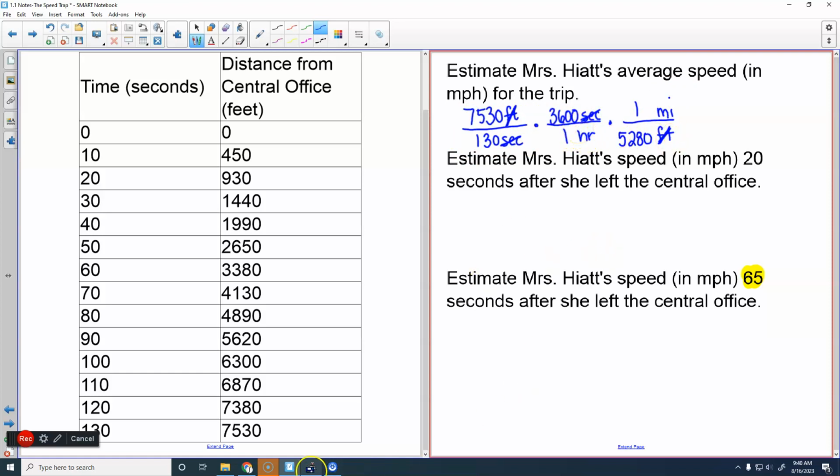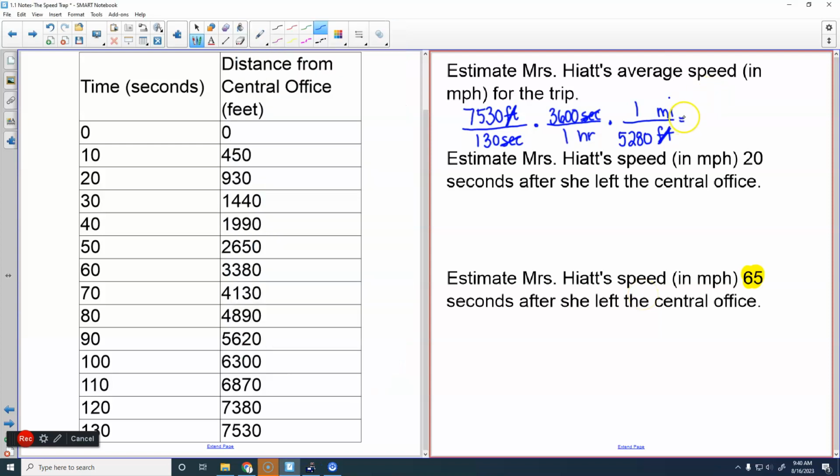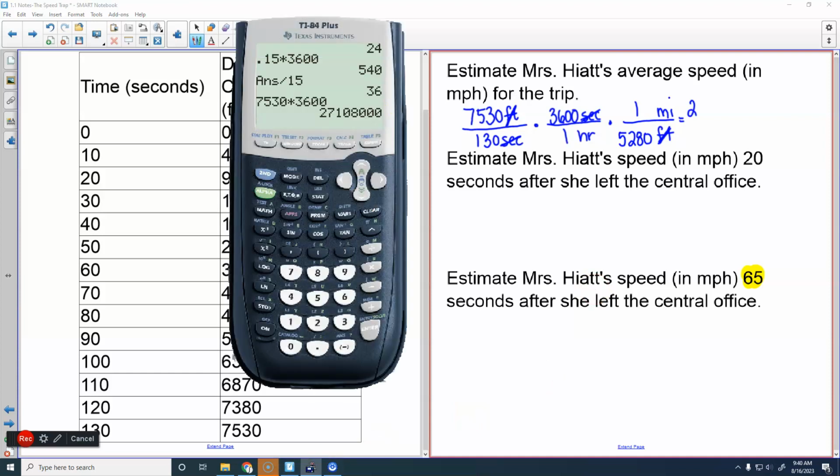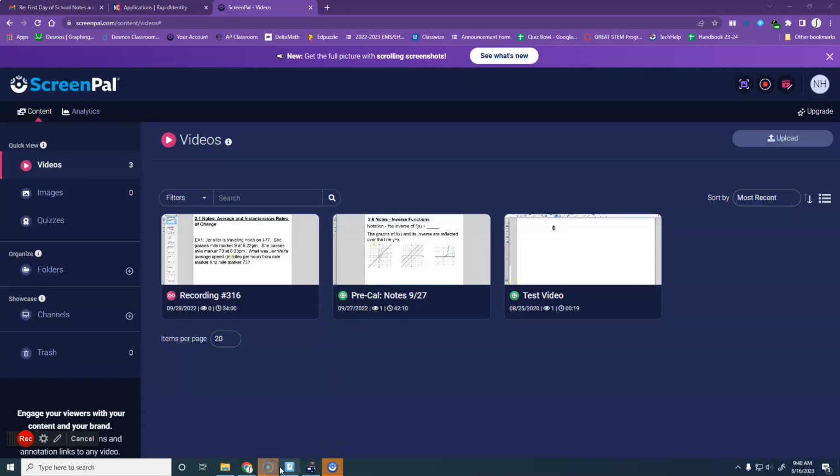So then, to multiply fractions, we just have to multiply straight across. So we're going to do 7,530 times 3,600, which is going to give us that huge number. And then we got to do 130 times the 5,280.